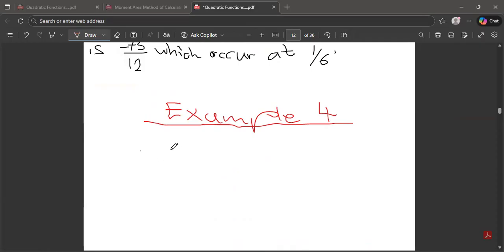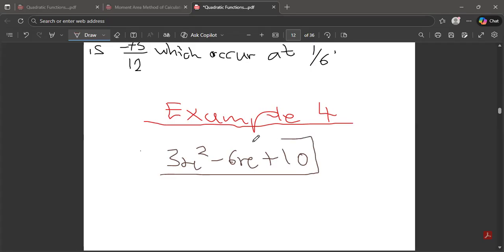The question is 3x squared minus 6x plus 10. So quickly solve this, determine whether it is maximum or minimum, and also tell me the point at which the maximum or minimum point occurs.